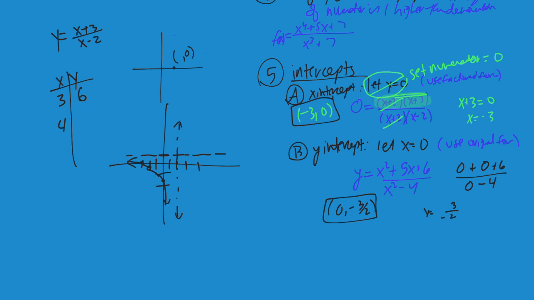If I plug in 4, I'm going to get 7 over 2, which is 3.5. And so you can graph these points. 3 gives us 6, and 4 gives us 3.5. We're getting some data points, and it's going to go towards those asymptotes because that's what the graph does.